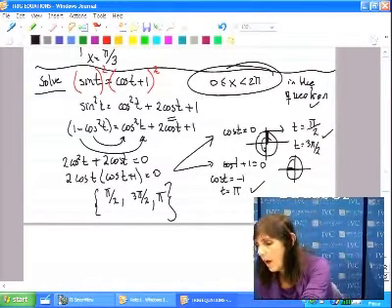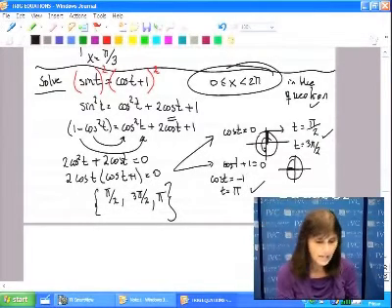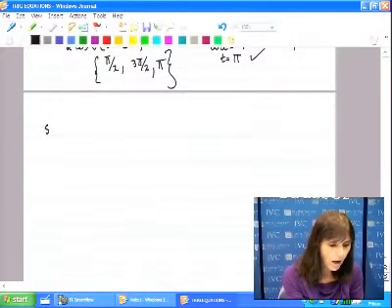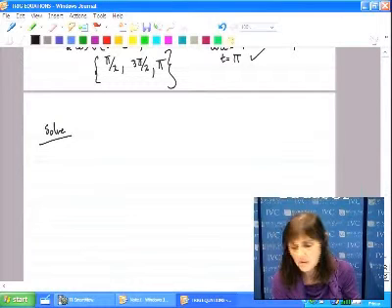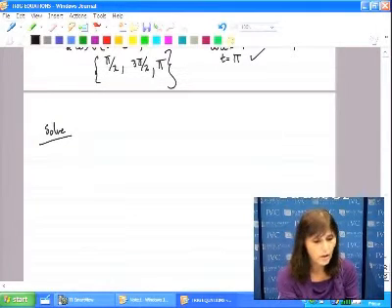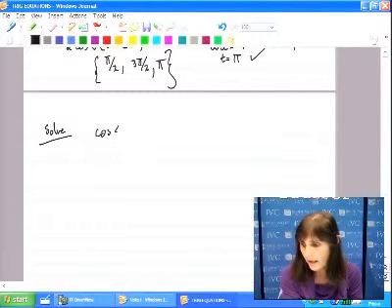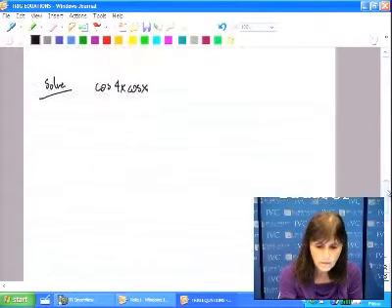Okay, let's look at another problem. Let's say I have a multiple angle problem. Solve. Just make sure that you do some practice with the multiple angle video. But let's say I have something like this: cosine 4x cosine x plus sine 4x sine x. So these are multiple angle ones.